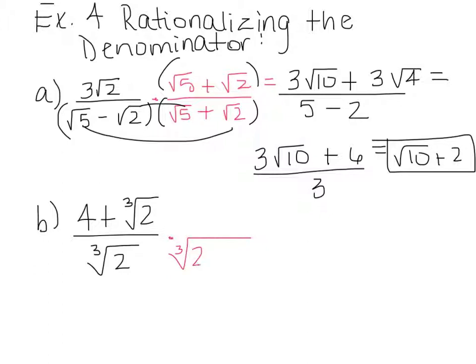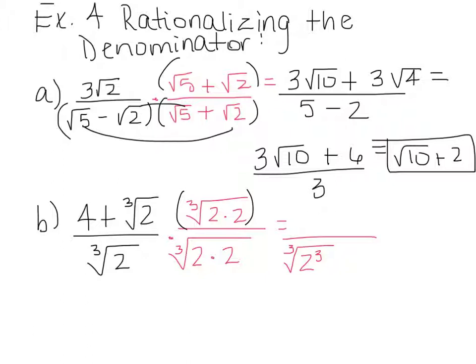So we need 2 more 2's, same in the top. That way we can get a 2 cubed on the bottom. And then on the top, I'm just going to distribute.